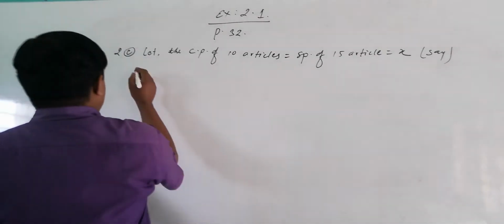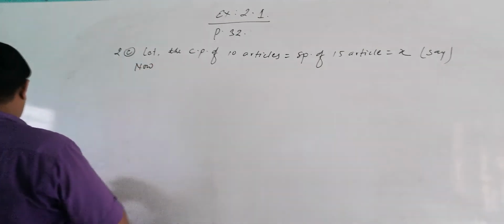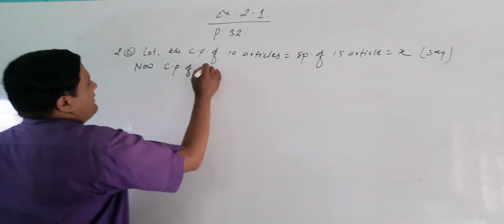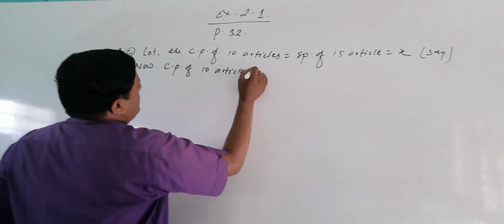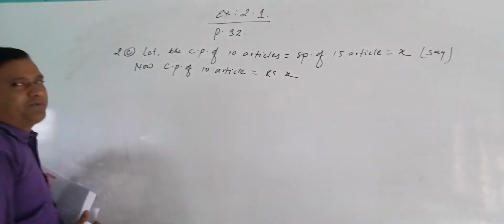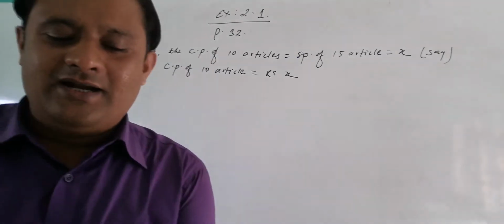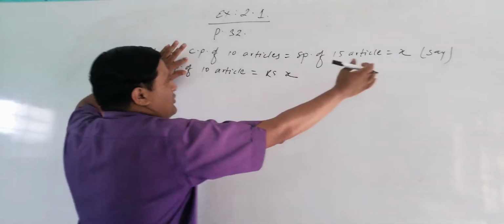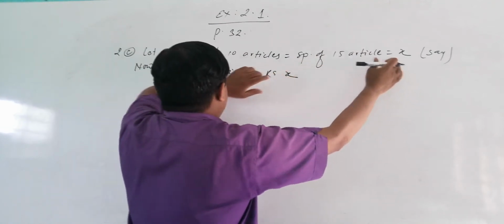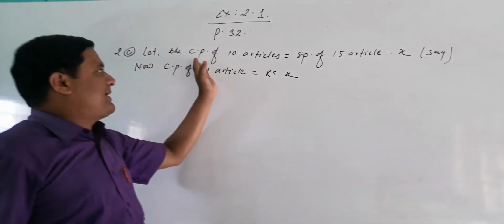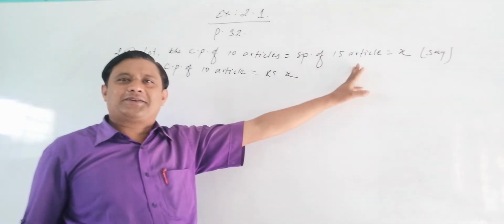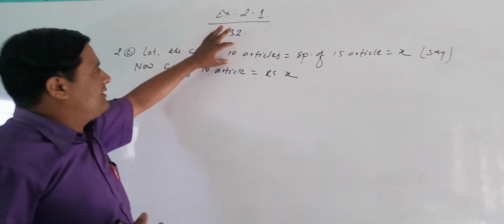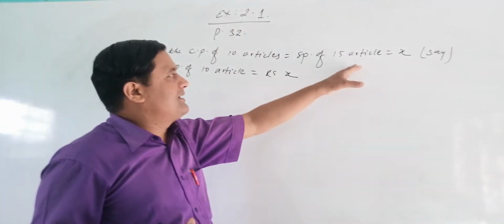And then, very simply, now CP of 10 articles equals rupees X. We had already supposed that. So we suppose CP of 10 articles is rupees X, and SP of 15 articles is also rupees X. According to the question, the cost price of the 10 articles equals the selling price of the 15 articles. The amount we used to buy 10 articles, in the same way we can sell in 15 articles.